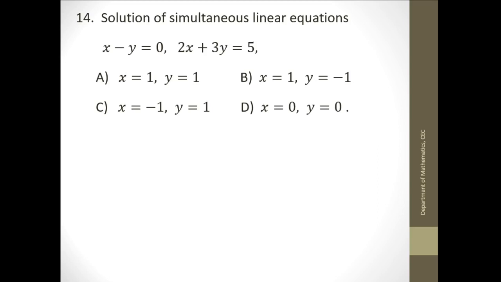And similarly, C, x is minus 1, y is 1 means 1 minus 1 is minus 2, so it does not satisfy the first equation. But the first answer A, x is 1, y is 1, 1 minus 1 is 0, it satisfies the first equation. Similarly, 2 into 1 plus 3 into 1, that is 5. Therefore, answer is A. So just by direct substitution, you are able to get the answer.